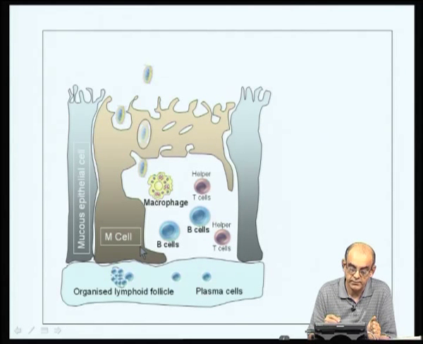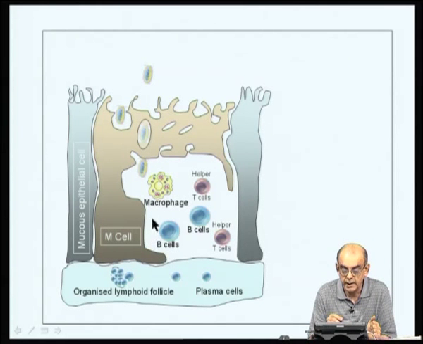So, between the M cell and the neighboring mucosal epithelial cell, you have a space which is a pocket.